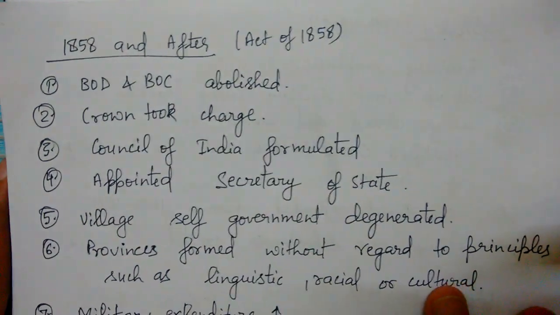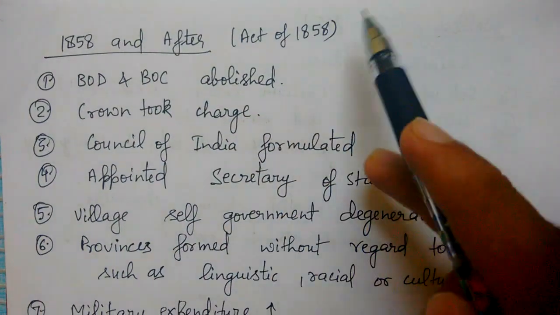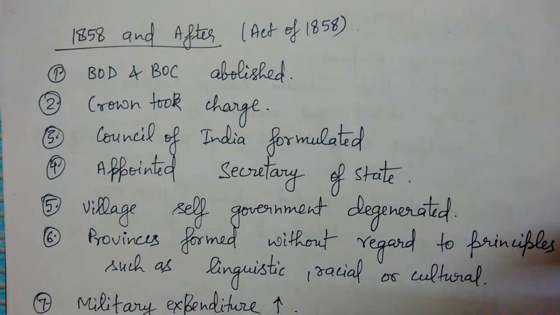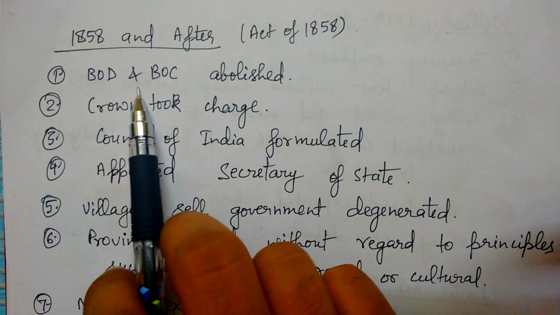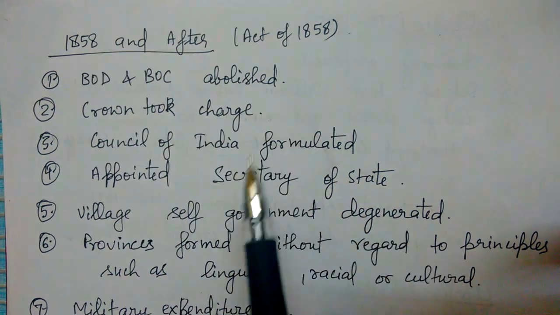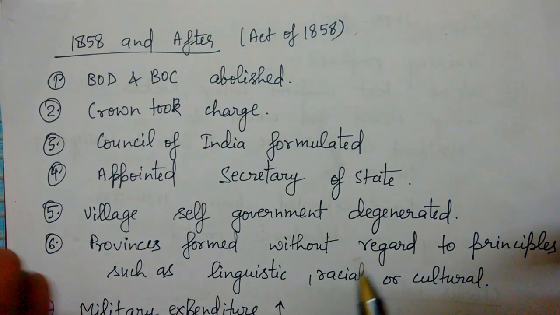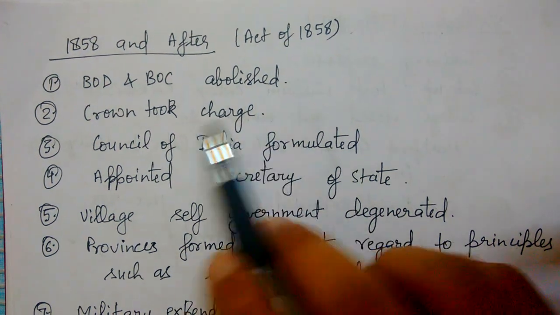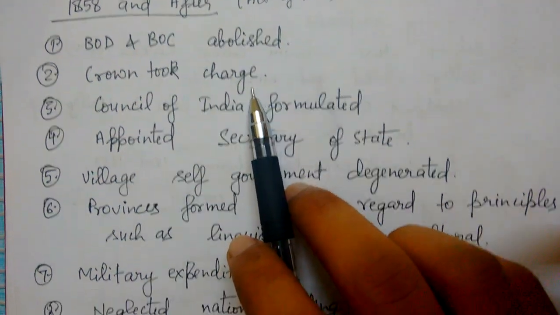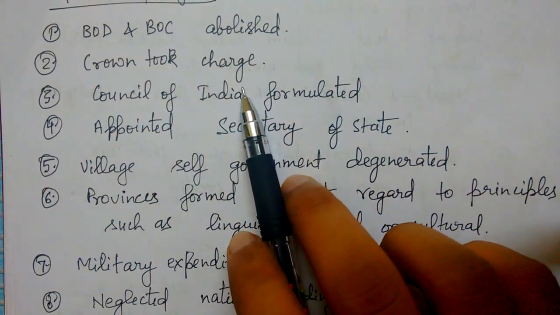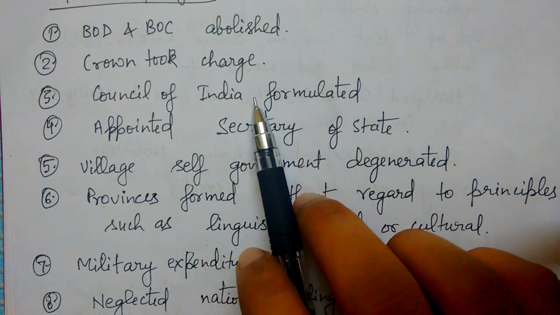Then we will see what happened after the first war of independence, that is 1858 and after. So the Act of 1858. What are the main features? The Board of Directors and Board of Control were abolished. So these two main controlling authorities were done away with, and the Crown took charge. Now the administration came directly under the monarch, that is the Queen.